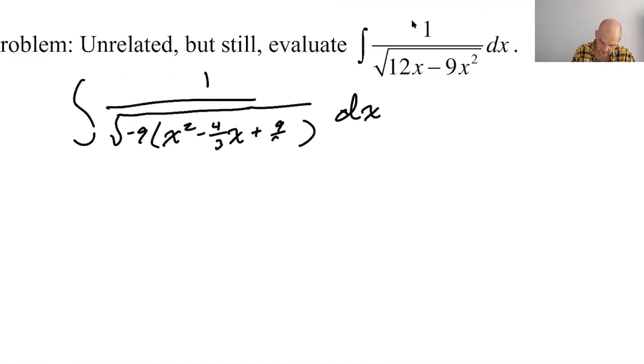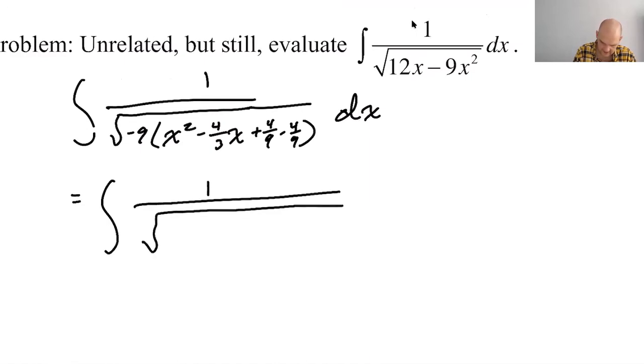Plus 4/9 minus 4/9. And then keep going here. Keeping that negative 9 out there for now, because I think I'm going to be able to do something with it. So the first 3 should be a perfect square. It's x minus 2/3 squared. And then if I distribute the negative 9, I get plus 4.